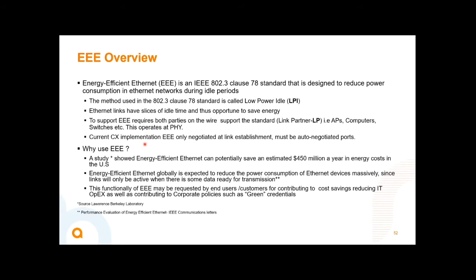You cannot have EEE work on the fly. So if you imagine you have your link up already, and that link is then enabled for EEE, that feature is not going to operate. So it's really important to know that. I'll talk about that a bit later anyway, but that's a big emphasis.